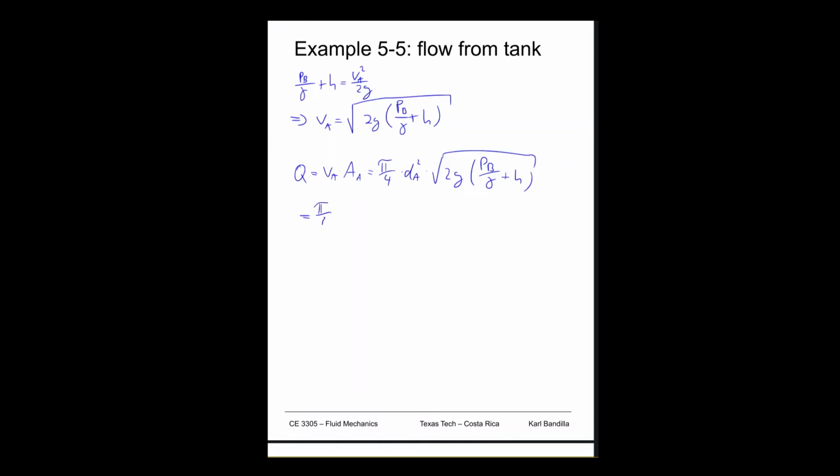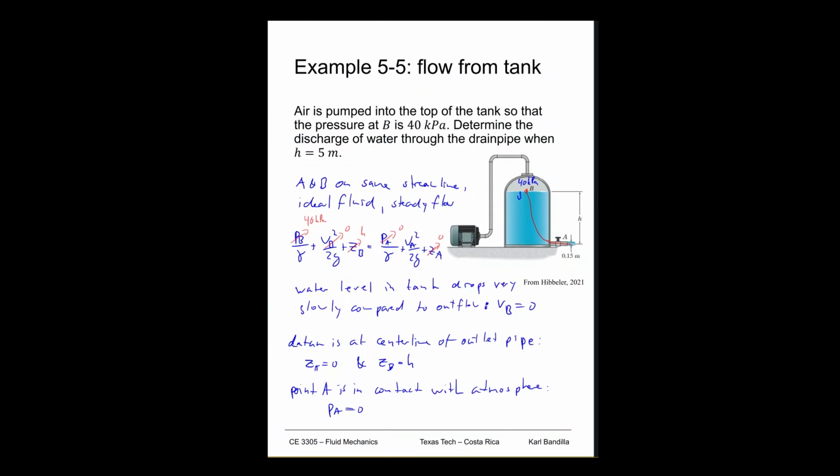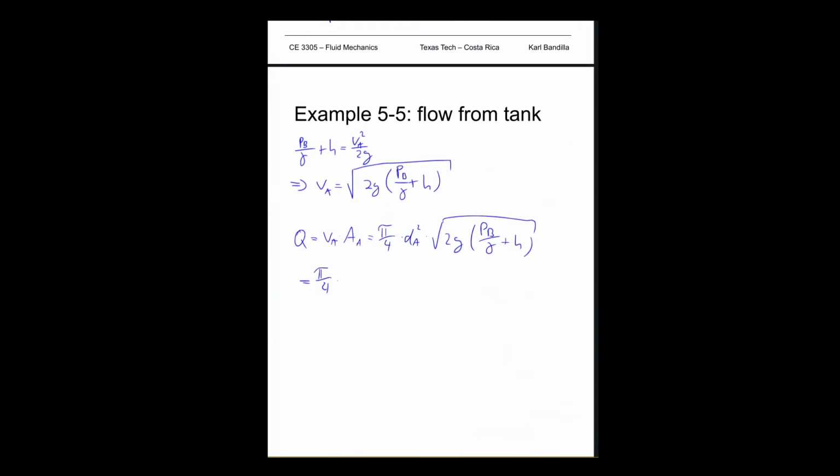So that's pi over 4 times, let's see what our diameter is, 0.15 meters, already given to us in meters, squared times, and now 2 times 9.81 meters per second squared. Now we could have combined the g with a gamma, but then the H doesn't work, so we'll leave it as is.